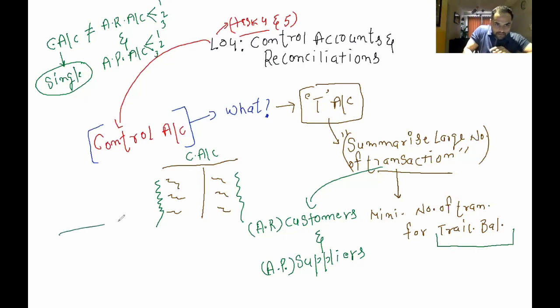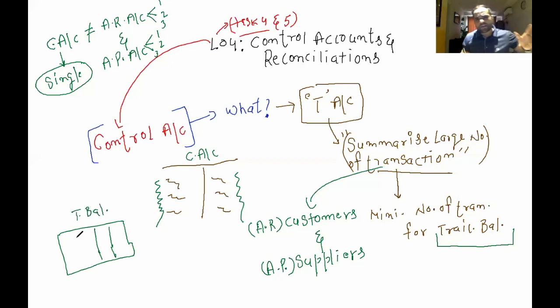Why? Like here, for example, this is a trial balance. In the trial balance, we're going to write many things: balances for many T accounts, balance for cash, balance for assets like machines, and so on. We're also writing a balance for different customers, customer 1, customer 2, customer 3.